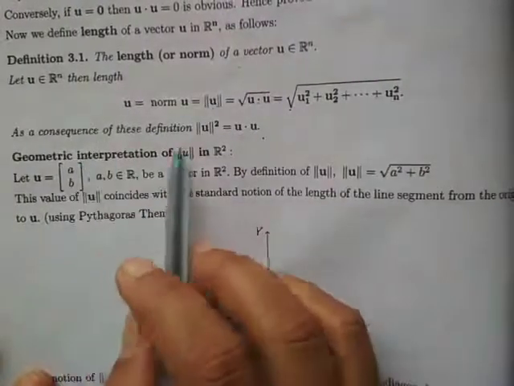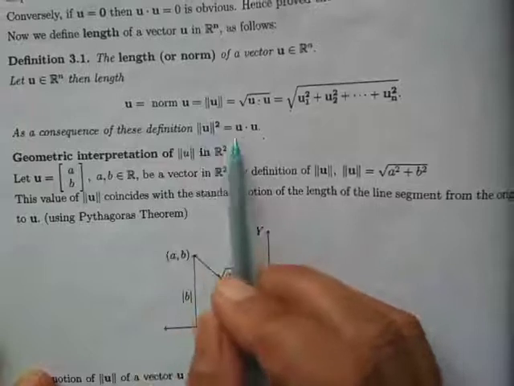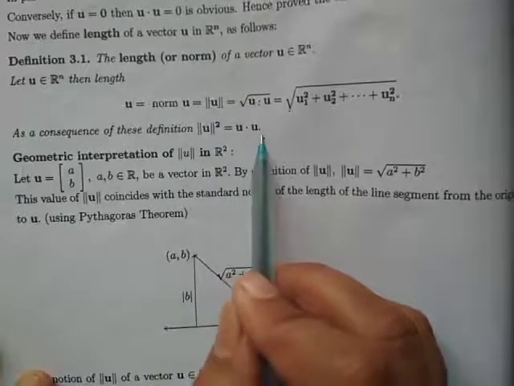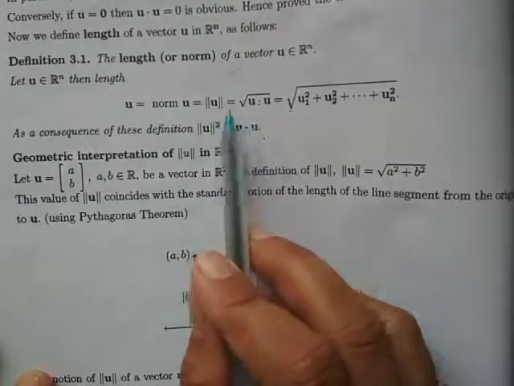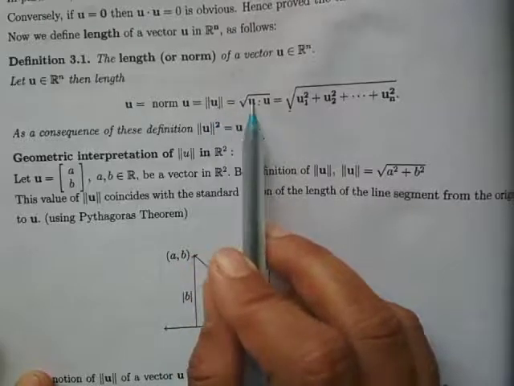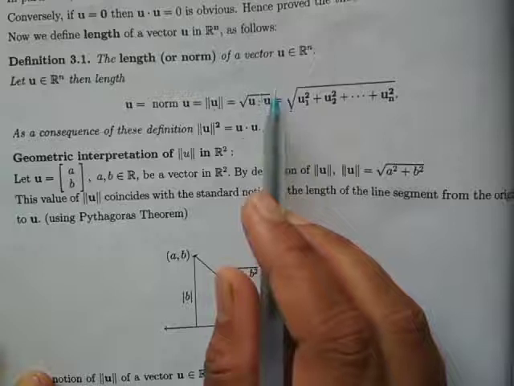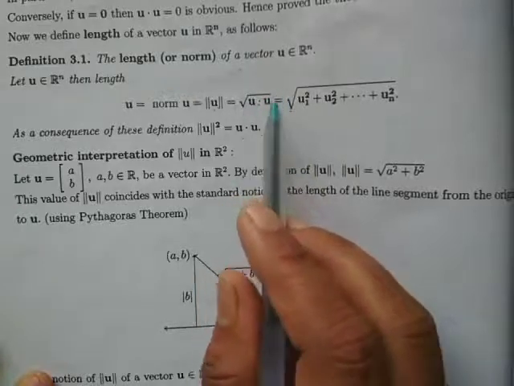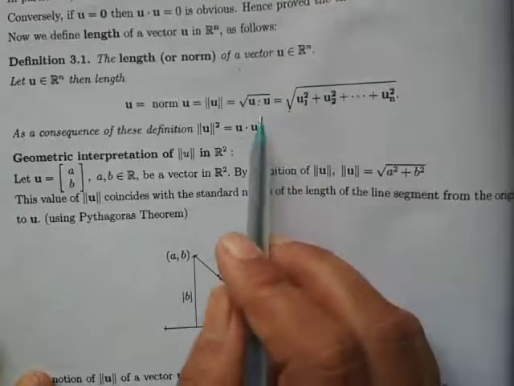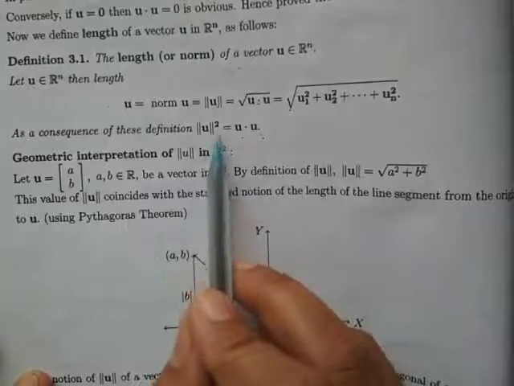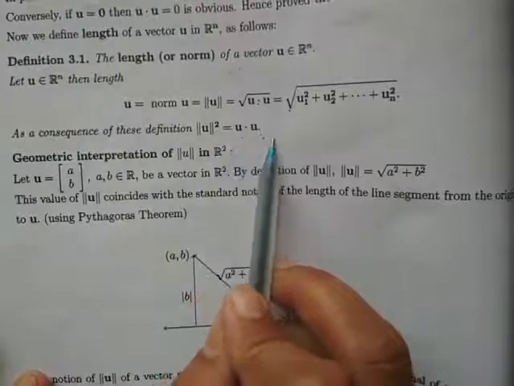As a consequence of this definition, norm of u square is nothing but u dot u. Means if you take the square on both sides, the 1 by 2 and 2 get cancelled, so only 1 remains. That's why norm u square is equal to u dot u.